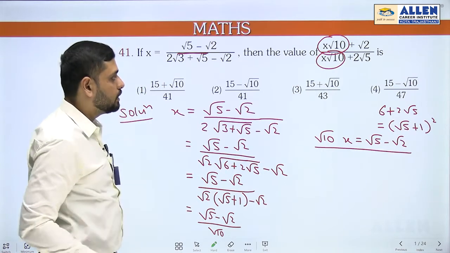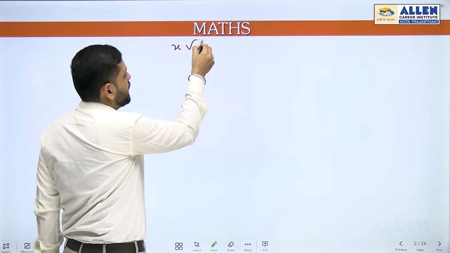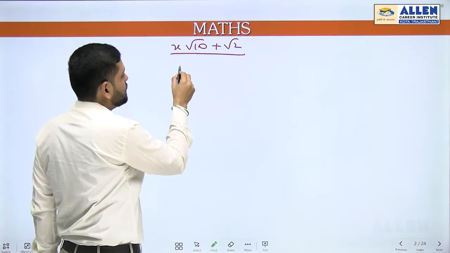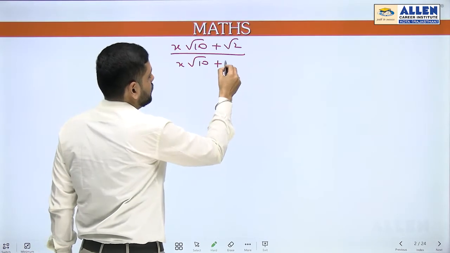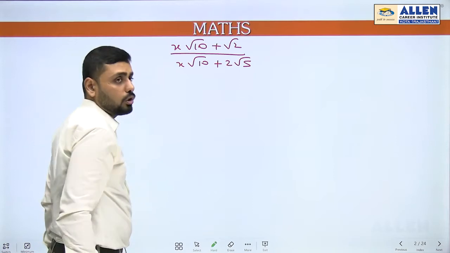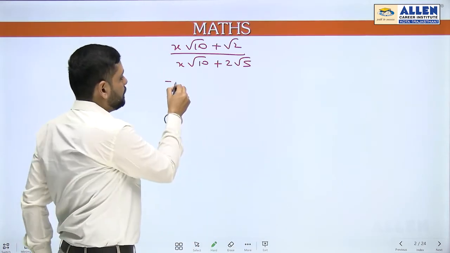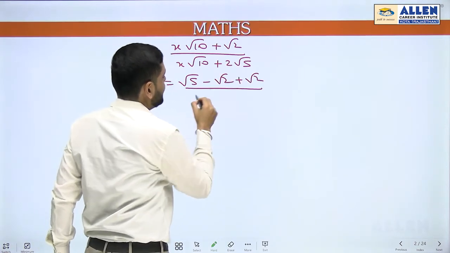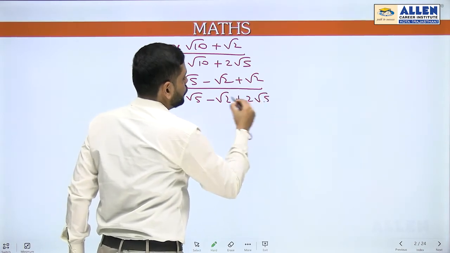So we keep the value of x√10 as √5 − √2 and get (√5 − √2 + √2) divided by (√5 − √2 + 2√5).